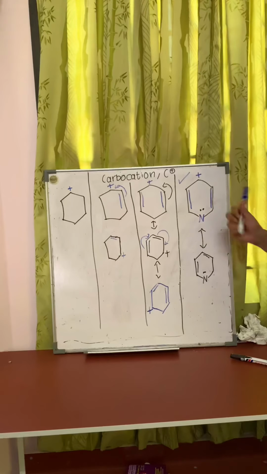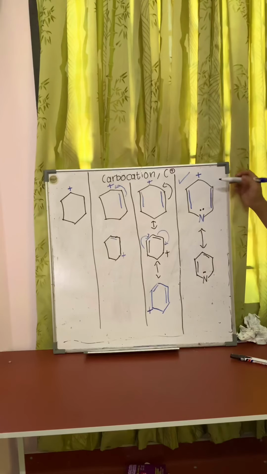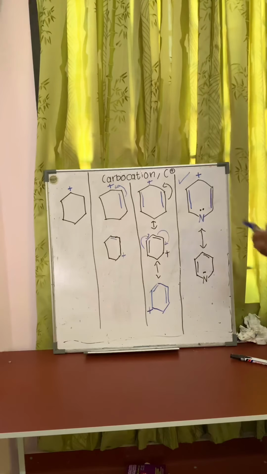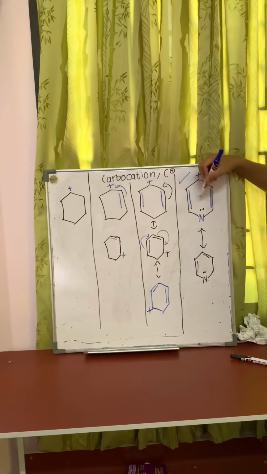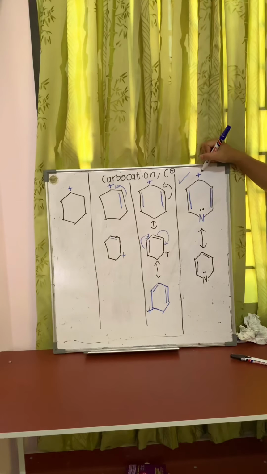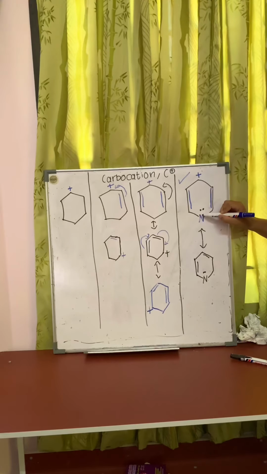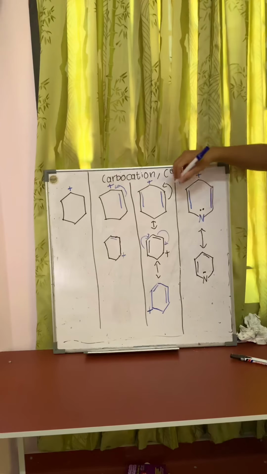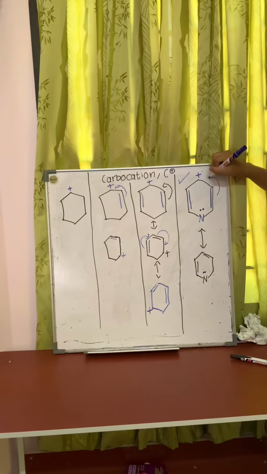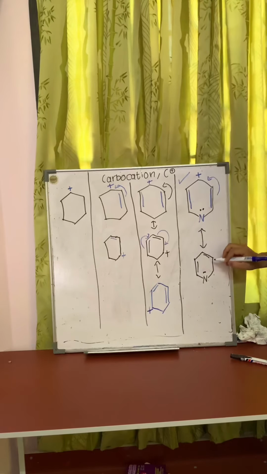As I said earlier, this is the most stable. Why? First, we can put the positive charge onto the nitrogen. The way is as usual: push this toward this, and then it becomes this.